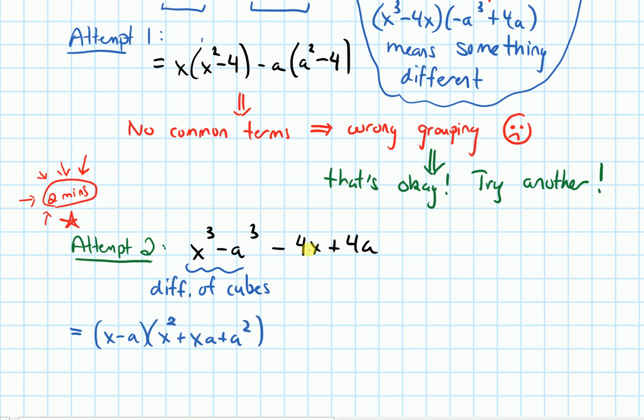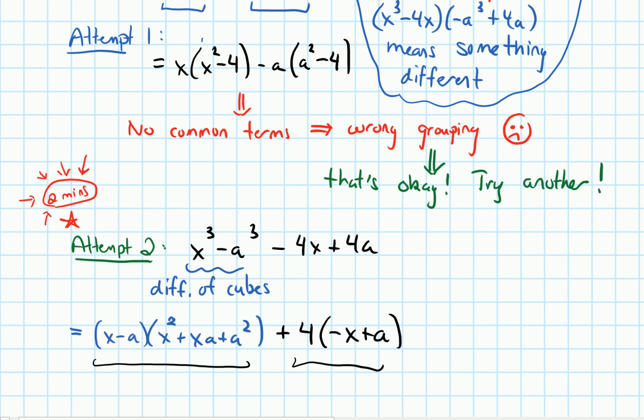And then from the minus 4x and the plus 4a, I could either factor out a 4. If I factored out positive 4, I'd be left with negative x plus a. And if I look at that, I notice that my first group and my second group don't quite have something in common. But one of the factors is off by a negative sign.